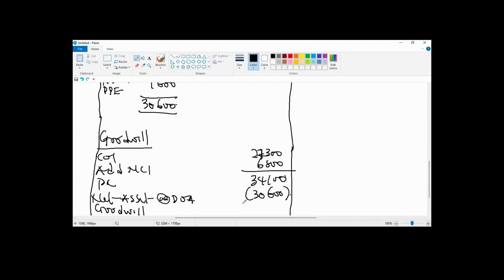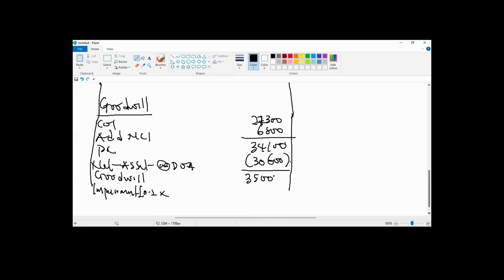Goodwill is 3,500. It has been impaired by 20%: 0.2 times 3,500, 700 has impaired.